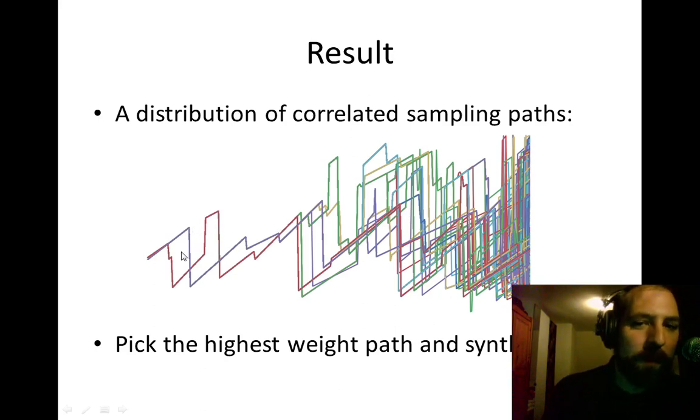This is because the algorithm weeds out sampling paths, or only picks the ones that are higher probability, and so this leaves very little diversity for the beginning. So for the moment, we're just picking the highest weighted path, which is kind of an estimation of the likelihood ratio, and we're synthesizing it. And I can play two examples just to show what they sound like.